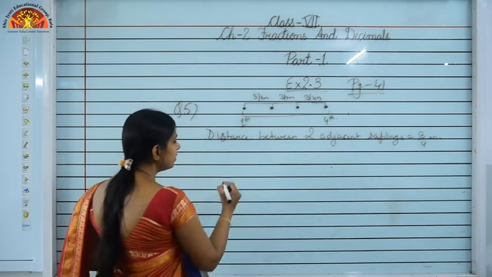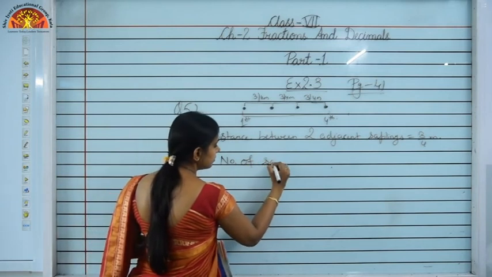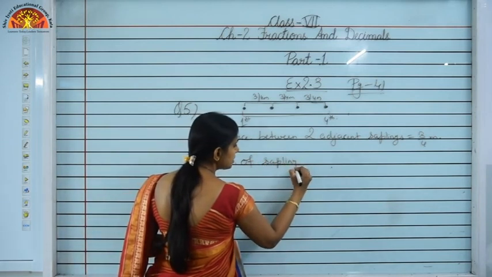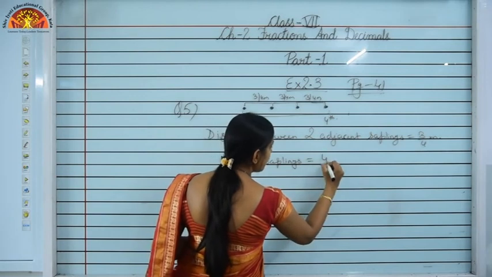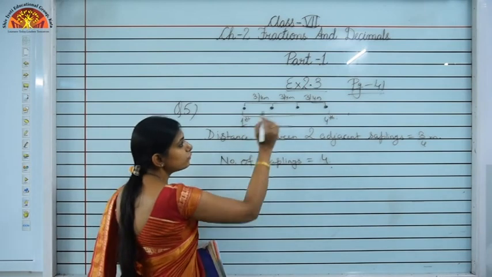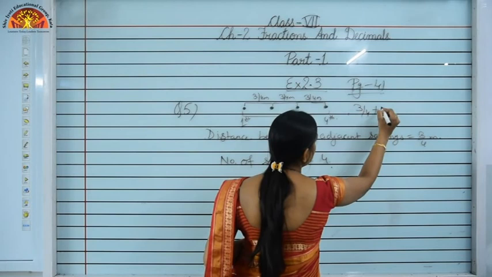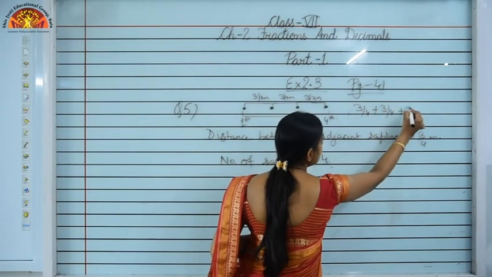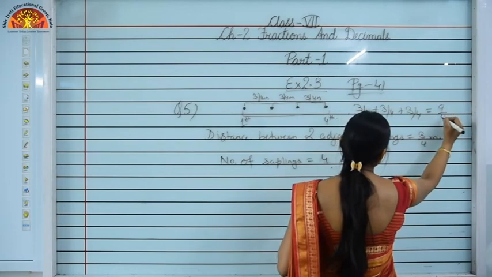Now what has been given? Number of saplings is equals to 4. How many saplings are there? There are 4 saplings. Now you have to find the distance between the first and last. So you can see that is 3 upon 4 plus 3 upon 4 plus 3 upon 4. These all are like fractions, so it comes out to be 9 upon 4.